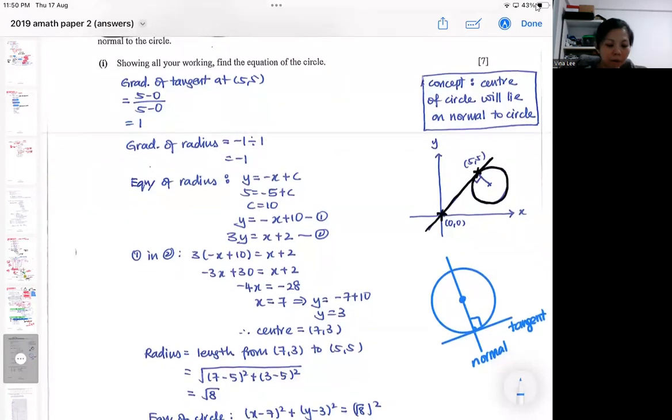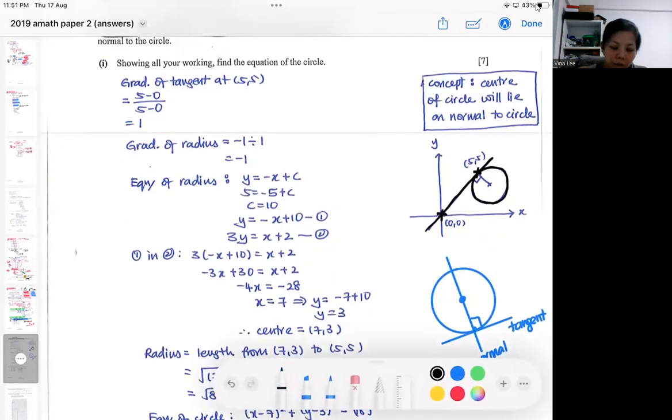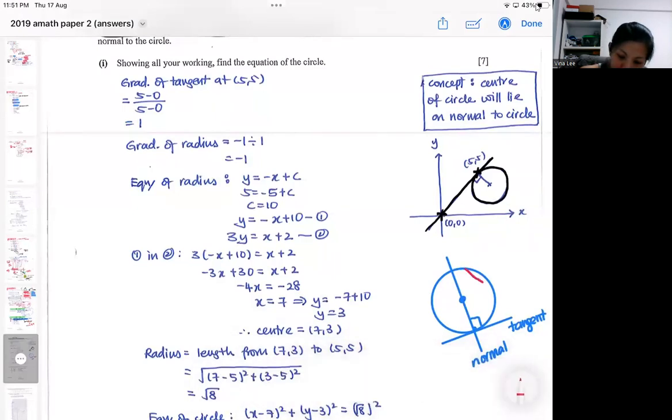There's another line that passes through the center, which is the perpendicular bisector of a chord. Let's say you have a chord, A and B are on the circumference. If you have the equation of the perpendicular bisector, it will also pass through the center. So the perpendicular bisector of a chord will also pass through the center of the circle.